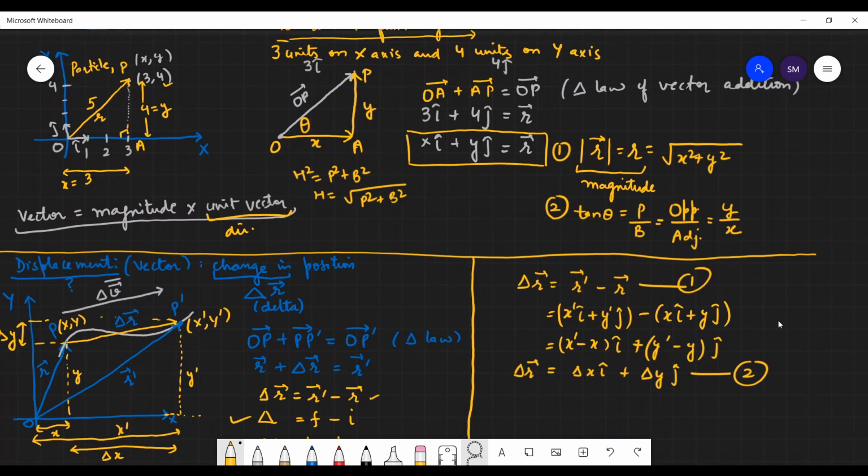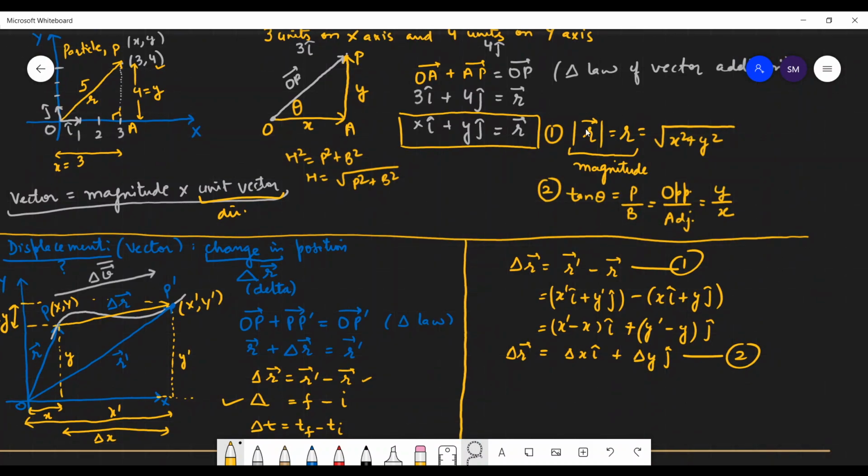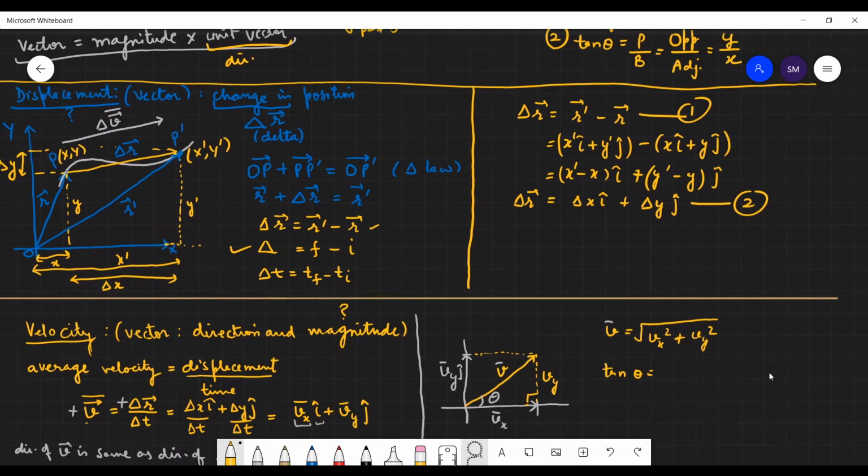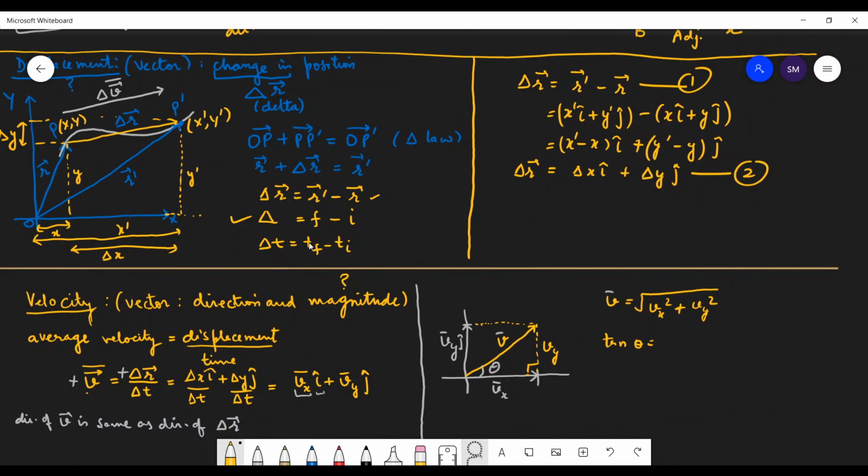Hypotenuse square is equal to perpendicular square plus base square, and tan theta is equal to perpendicular upon base, opposite upon adjacent. So tan theta is equal to opposite side, that is Vy upon Vx.